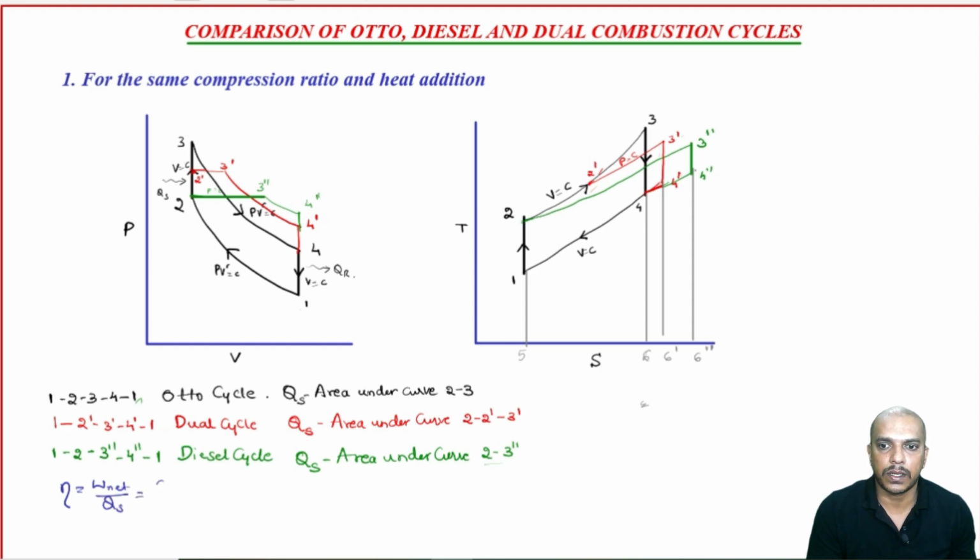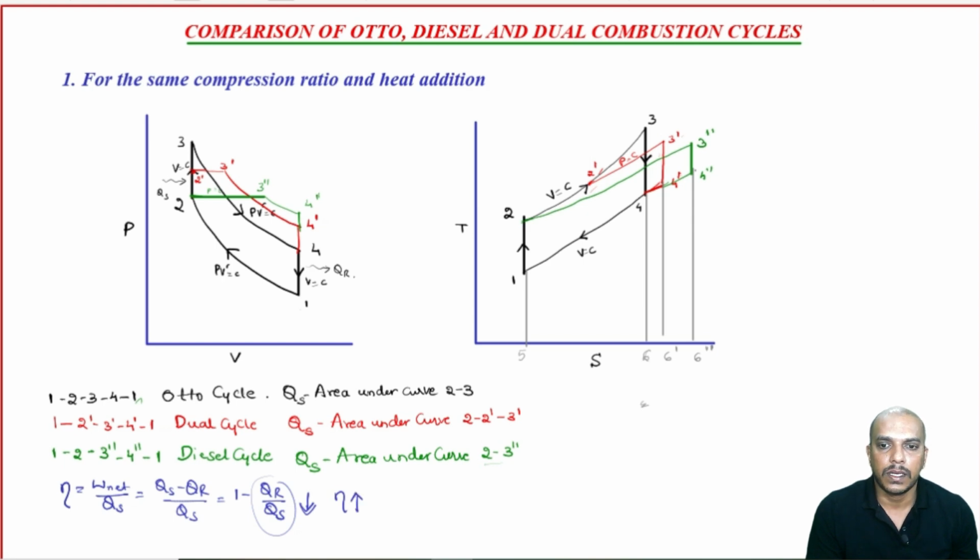Net work is QS minus QR, divided by QS, or we can say 1 minus QR by QS. All right. Now, if QR is 0, obviously this will be 100%, because we are going to multiply this equation by 100. Now, if the second term reduces, efficiency increases.